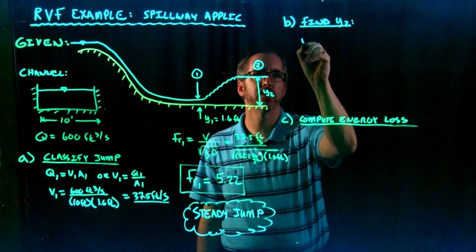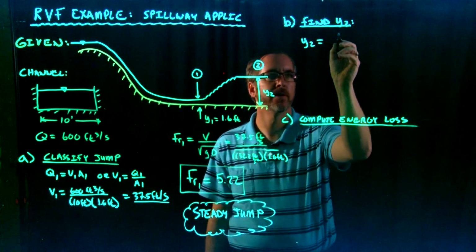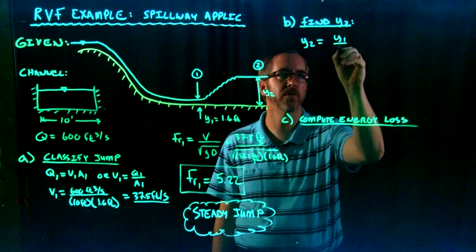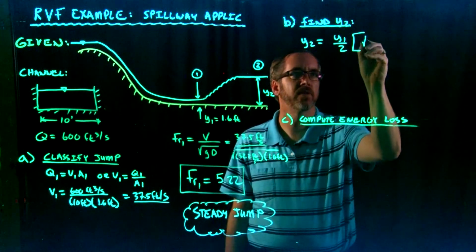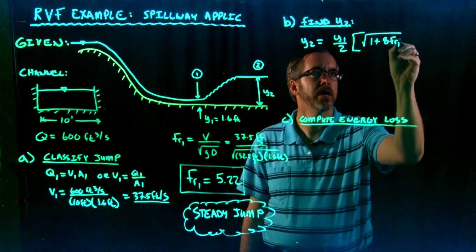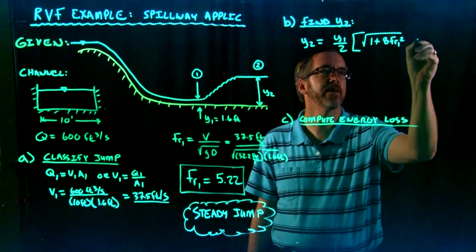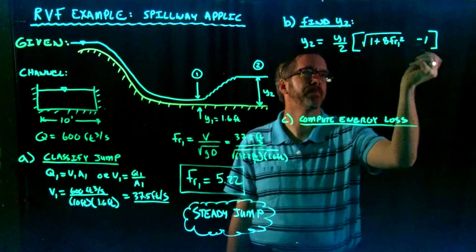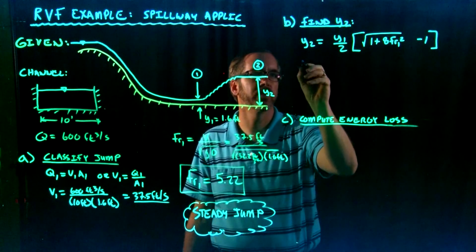So for that, we're going to use the formula that was derived. y2 is equal to y1 over 2 times the square root of 1 plus 8 times the Froude number at that first point squared, minus 1. So we needed that anyway. Now we're just going to insert the terms.